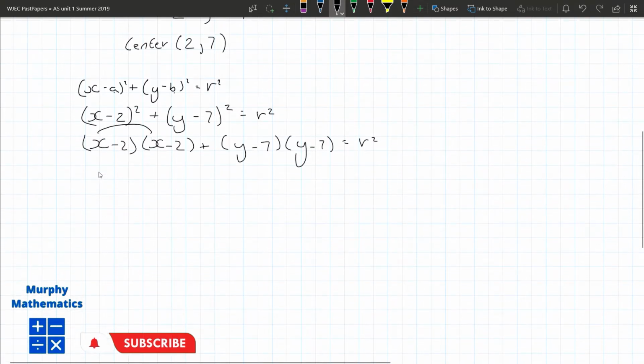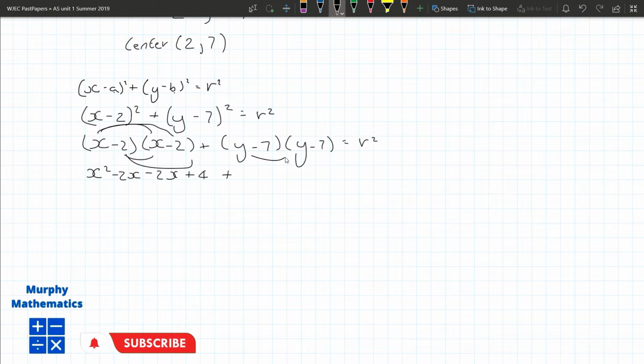Okay, so this is x squared minus 2x, minus 2x, positive 4, plus y squared minus 7y, minus 7y, plus 49. That equals r squared.